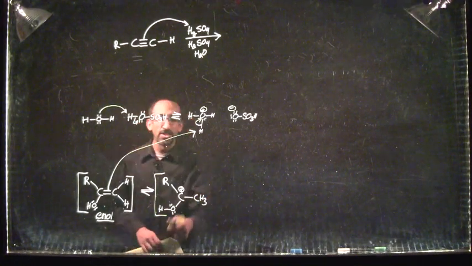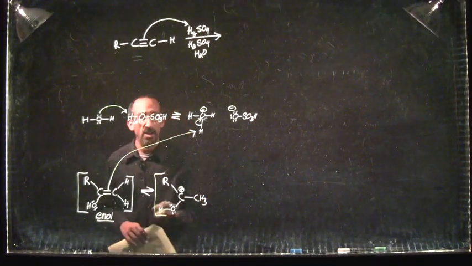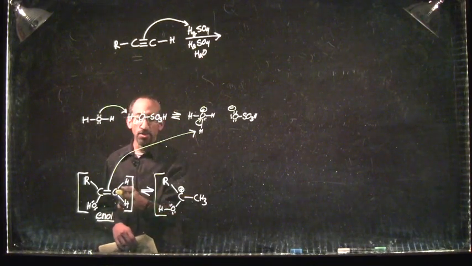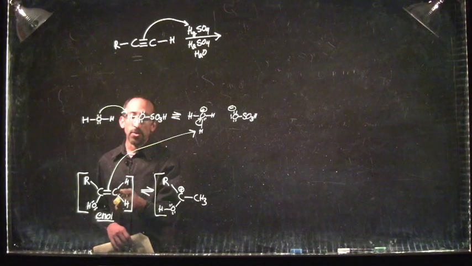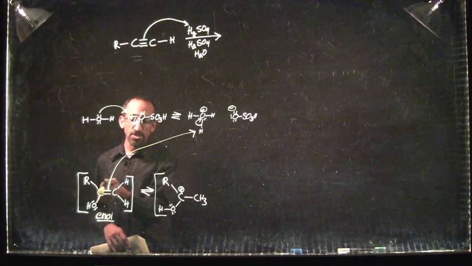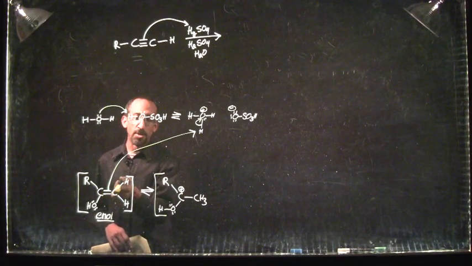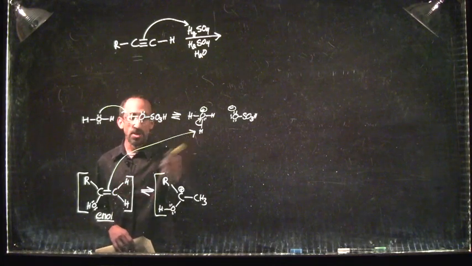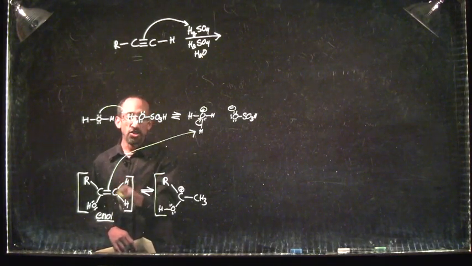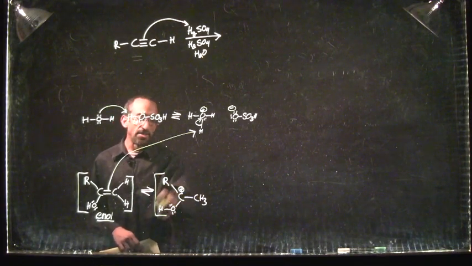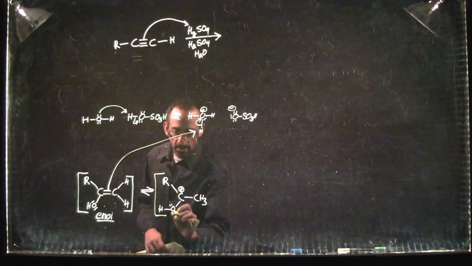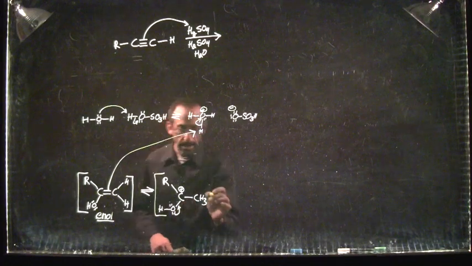And we've done so such that we have formed the most stable carbocation we can. Had the proton added to this other carbon, we would have formed a primary carbocation, but by having this proton add to my CH2 carbon, I form a secondary resonance stabilized carbocation. So let's draw the resonance structure for that.